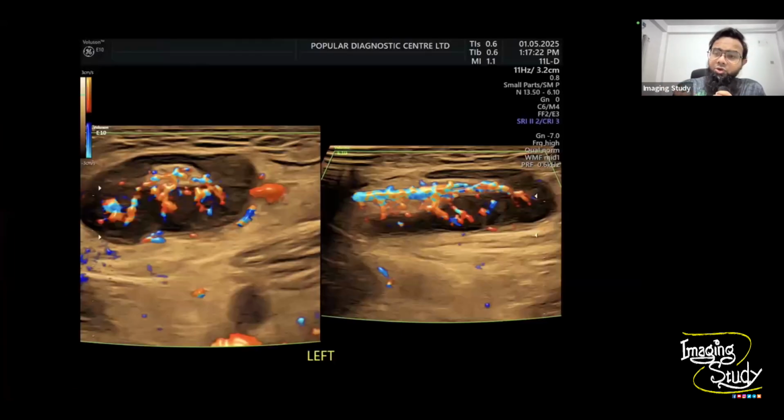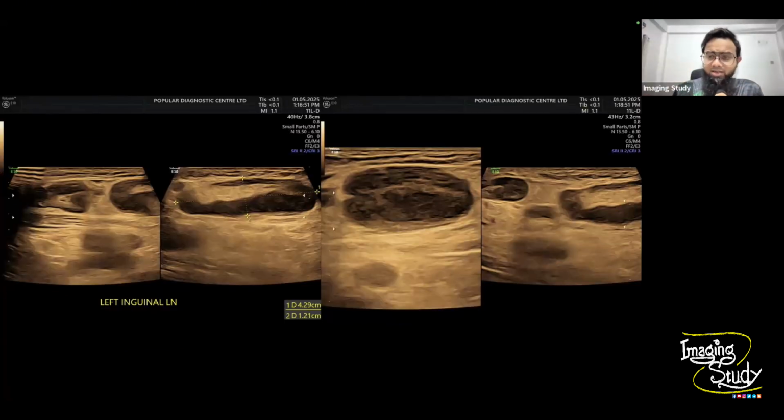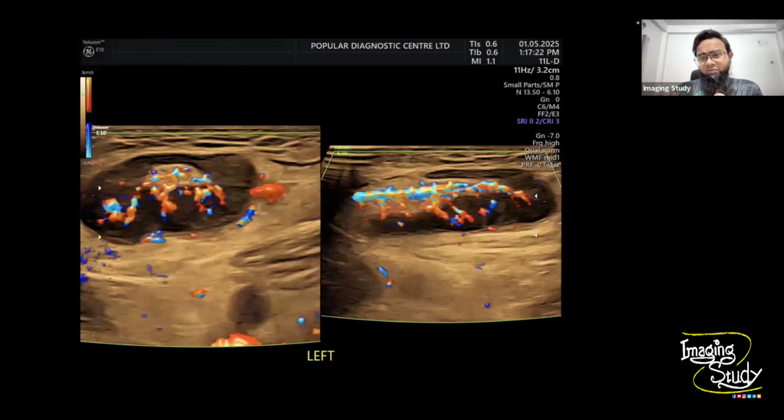We need to put some Doppler, and on Doppler you can see a very good amount of vascularity located within. If you look at the surrounding area, you can see the surrounding echogenic thickening of the fat. This thickened fat layer also indicates that the patient is having an inflammatory condition. So the enlargement of the lymph node with surrounding inflammatory changes suggests we look for lymphadenitis.